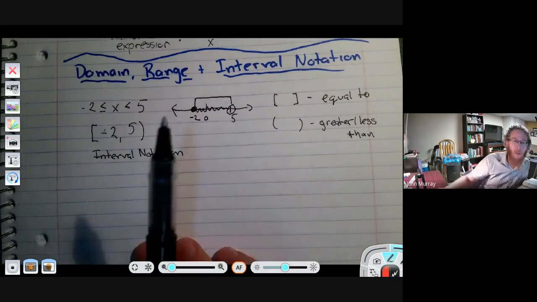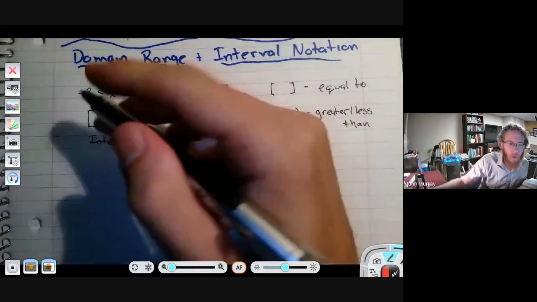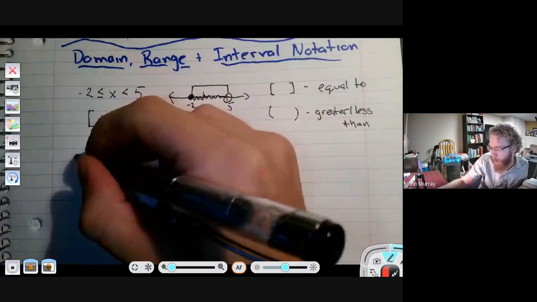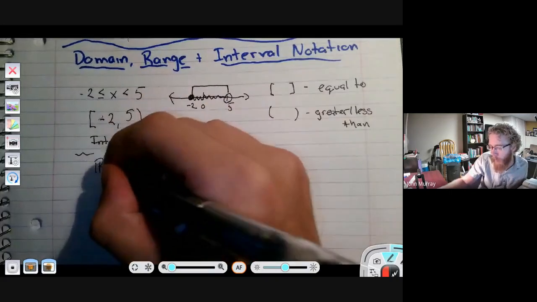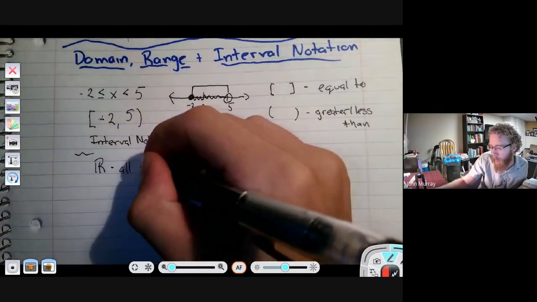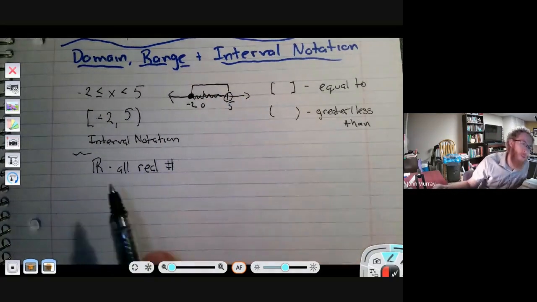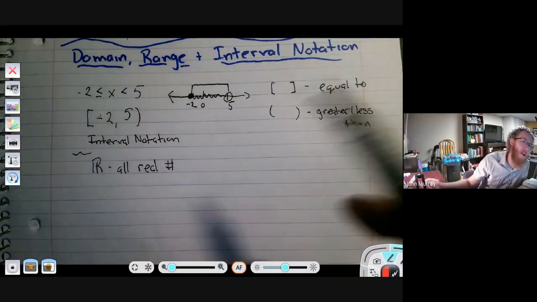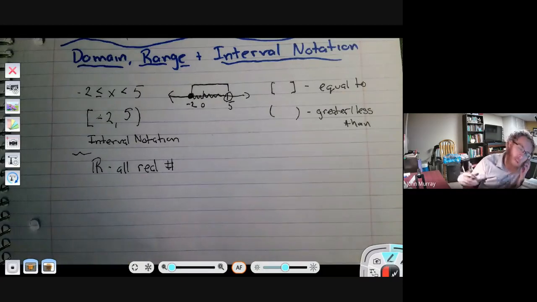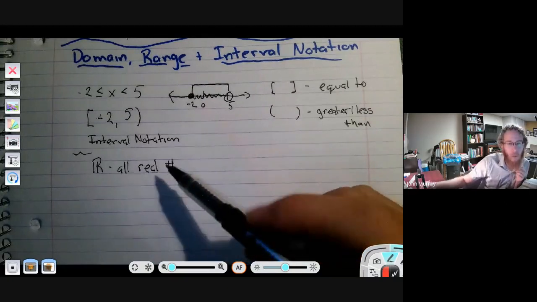Okay, yesterday we talked about our domain being all real numbers, right? So if I had something like x squared, there's nothing preventing me from plugging in anything to the domain, right? So our domain was all real numbers.